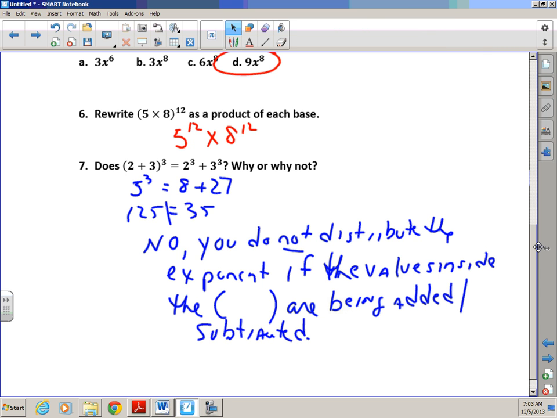It violates the order of operations. Okay, so our 4th and 5th rules today dealt with the concept of power to a power. Tomorrow we will move on to our last set of rules dealing with the laws of exponents.